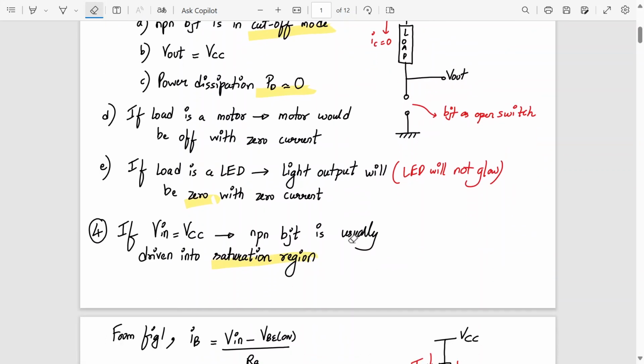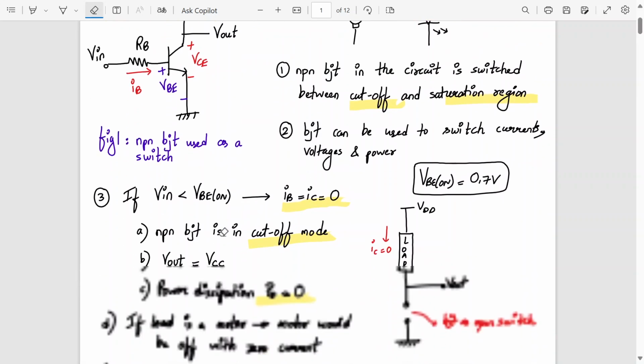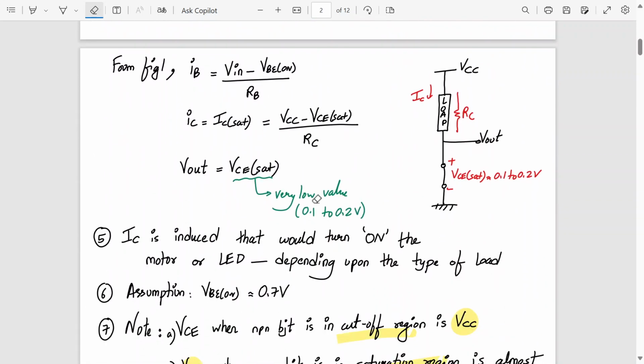Now, whenever V in is equal to VCC, means we apply a very heavy voltage, the transistor will go into saturation. So it's fully on. So once it is fully on, it will behave as a closed switch. उस time पे VCE voltage is very very small. So what will happen is your output voltage will drop towards VCE level.